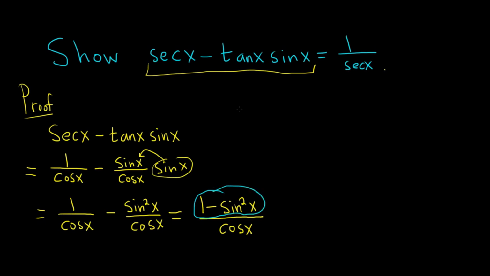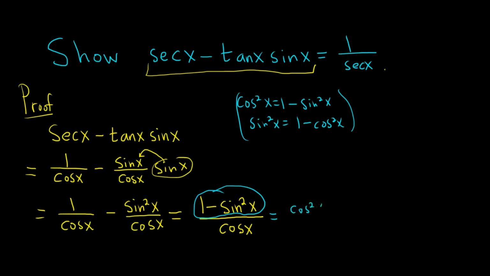A really easy way to memorize that is to know that cosine squared is 1 minus the other one squared, so sine squared. And sine squared is 1 minus the other one squared, so cosine squared. Really cheap memory trick. It's 1 minus the other one. So this is going to be cosine squared x over cosine x.